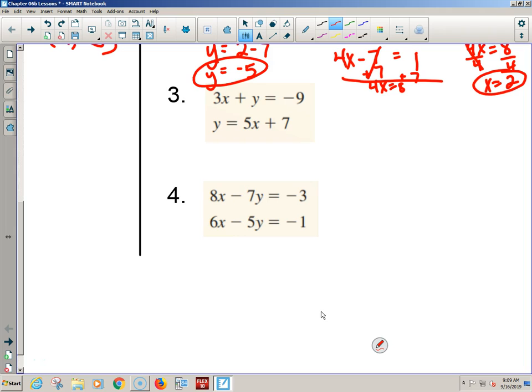For those of you that chose number 3, does substitution sound like a good idea? Meaning, did you take 5x plus 7 and plug it into the y spot? Okay, so if you did that, you would have had 3x plus 5x plus 7. Technically, there should be parentheses, but the plus makes it okay.